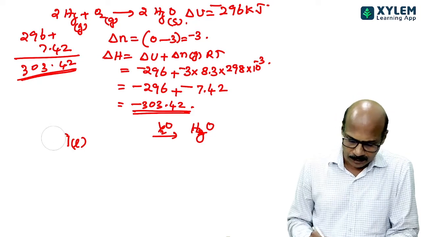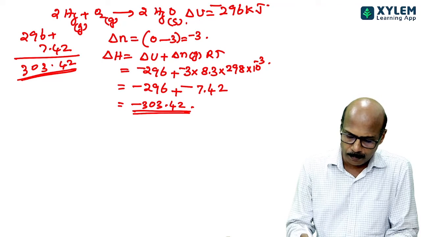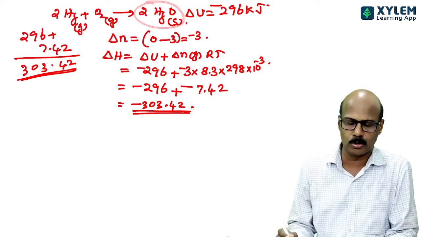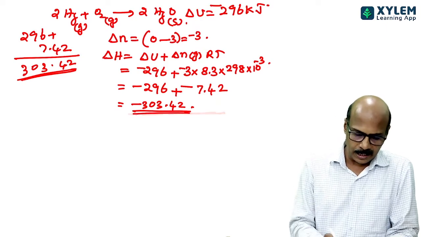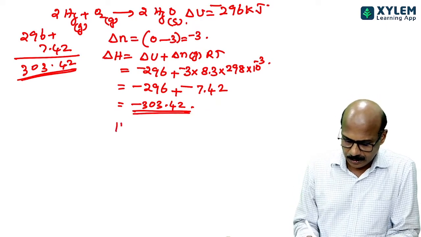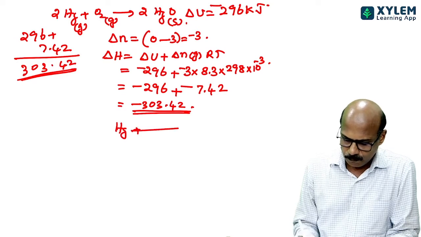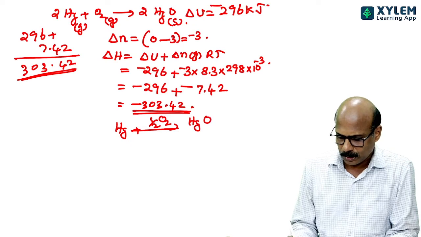When mercury liquid is burned to get 1 mole mercuric oxide solid, what is the delta H? Before that, what you obtained already here is, during the formation of 2 mole mercuric oxide solid, delta H is obtained. And what will be the delta H during 1 mole production? That is mercury plus half O2 gives mercuric oxide solid.